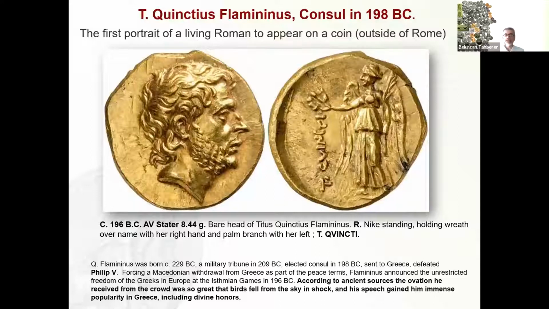Flamininus announced the unrestricted freedom of the Greeks in Europe at the Isthmian Games in 196. According to ancient sources, the ovation he received from the crowd was so great that birds fell from the sky in shock, and his speech gained him immense popularity in Greece, including divine honors.